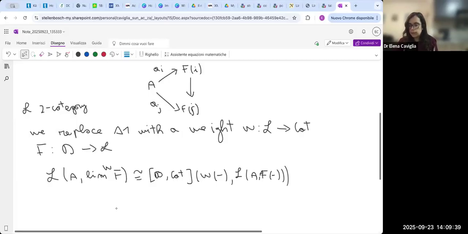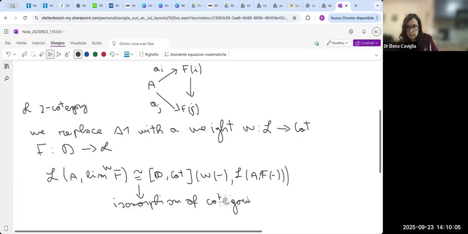Now we don't have delta 1 anymore. We have a generic weight W. So this is much more general. And here we get an isomorphism of categories. This isomorphism of categories now has two levels.